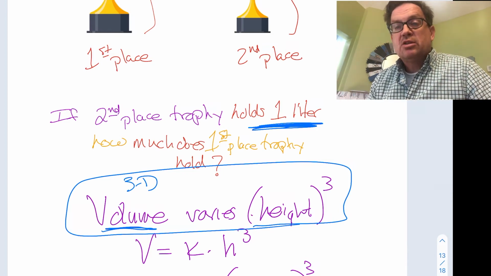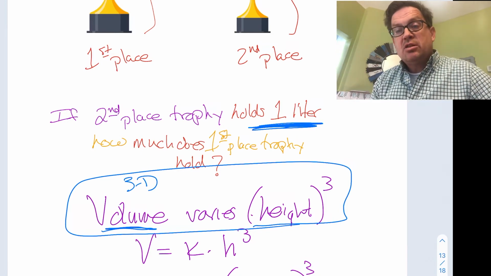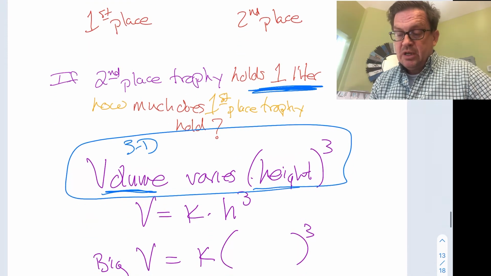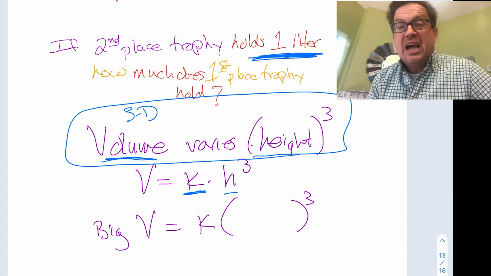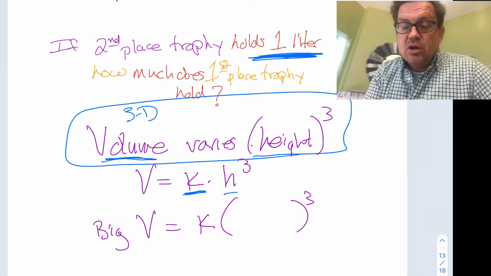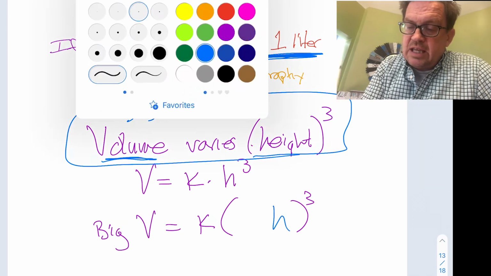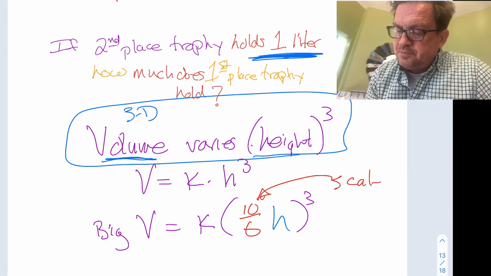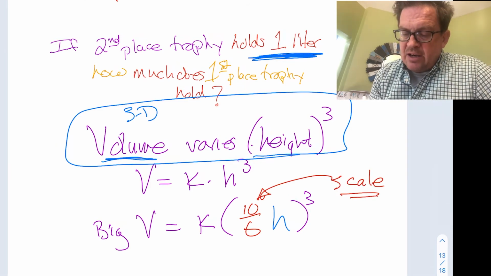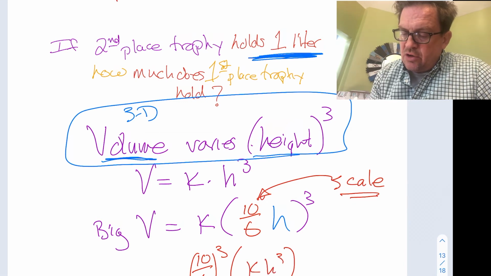So let's assume that trophy expands the same direction in all 3 dimensions. Then the volume will expand by the cube. And so I can have the volume is some constant times the height cubed. I don't know what that constant is, but I don't need to know. If I have the original height in here and I scale it by 10/6, that's the scale again, then I can factor that 10/6 out, but it becomes 10/6 cubed times kh cubed.